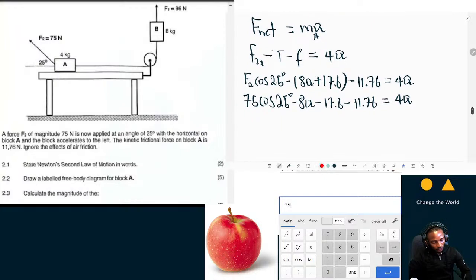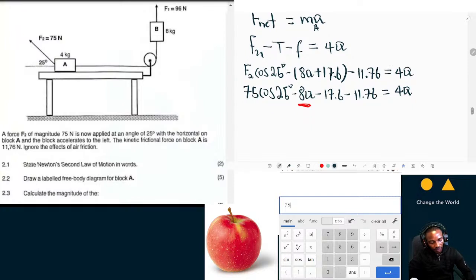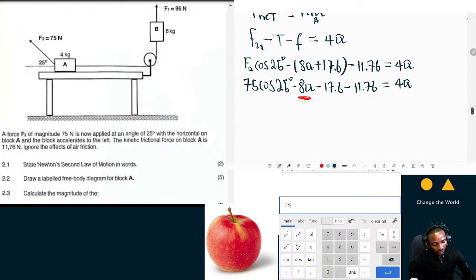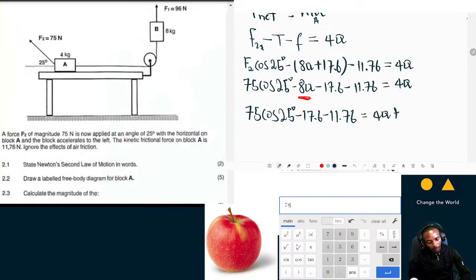Now I'm going to transpose this 8a to the other side of the equation, where it becomes positive. Then I have 75 cos 25 degrees minus 17.6 minus 11.76 equal to 4a plus 8a, which is equal to 12a.